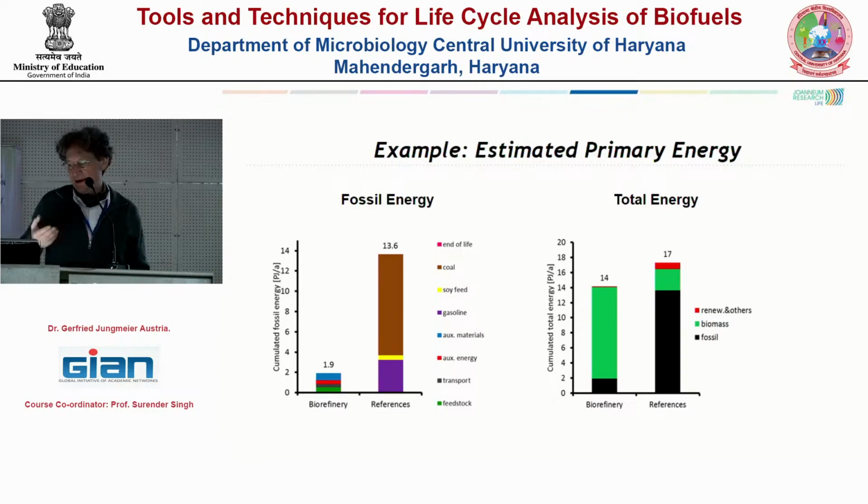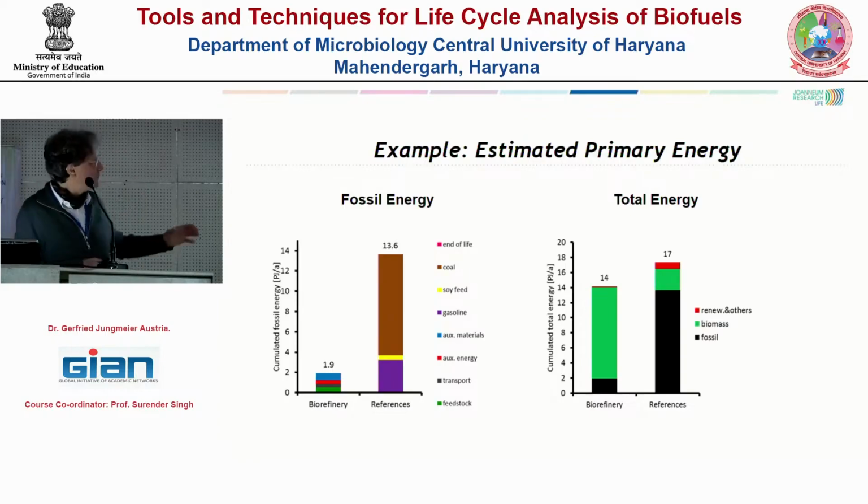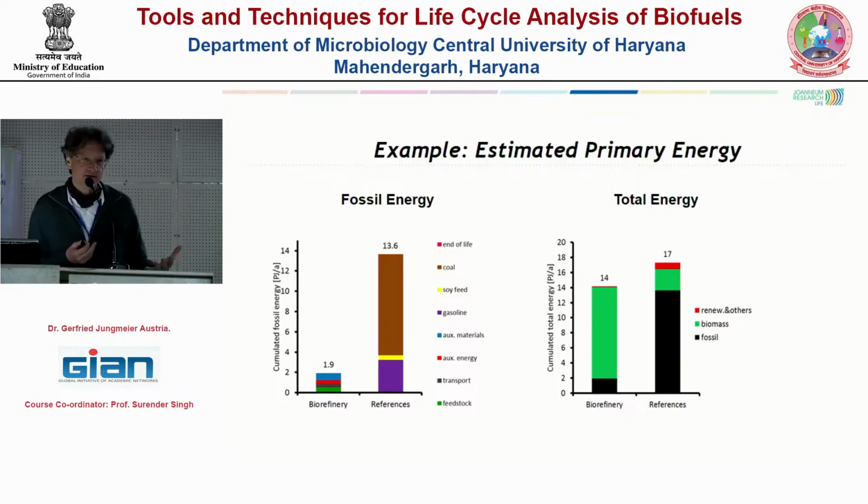I think it's more relevant to have the total energy in, and then distinguish between the fossil part and the renewable part, because if you don't include the renewable part, you get not an information about the energy efficiency when you convert your biomass to something, if you only look on the fossil side.